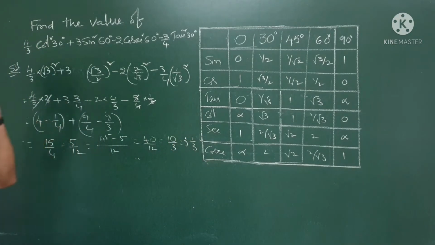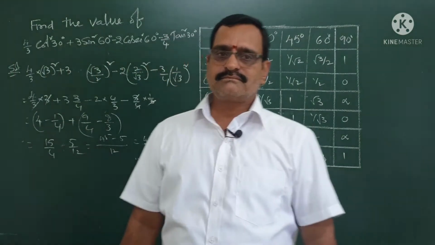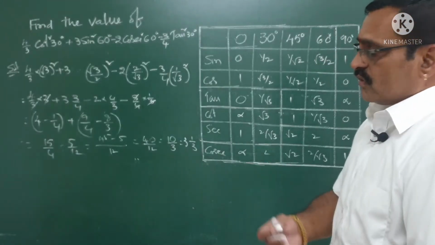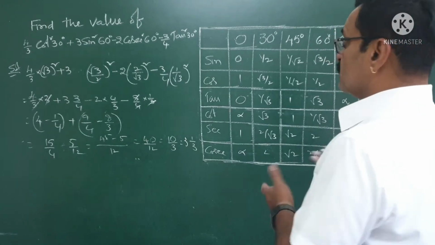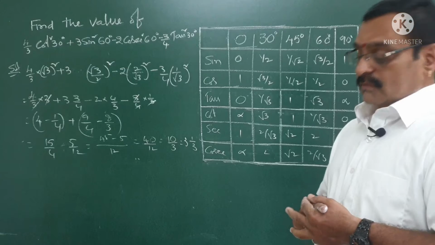Now, the lesson is not solving this question. I want to show how you can find values of this expression using this table if the angle is less than 90 degrees.